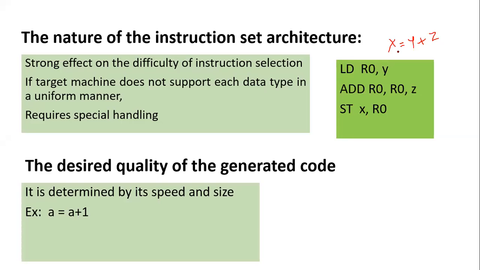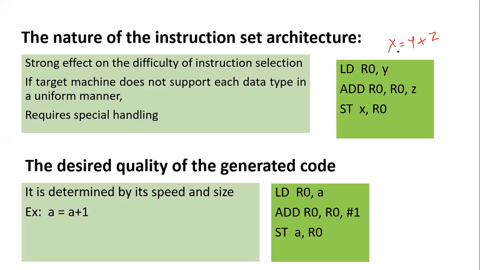Next point is the desired quality of the generated code. The quality of the code is determined by its speed and size: how fast it is, and the size it takes. For example, if I write a equals a plus 1, we are loading a, adding 1, and storing that into a itself.